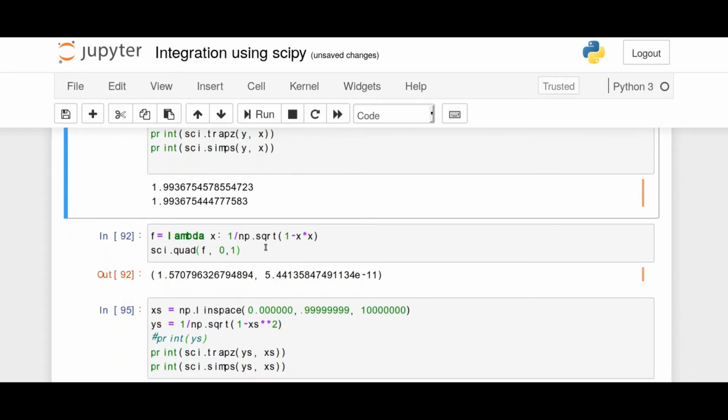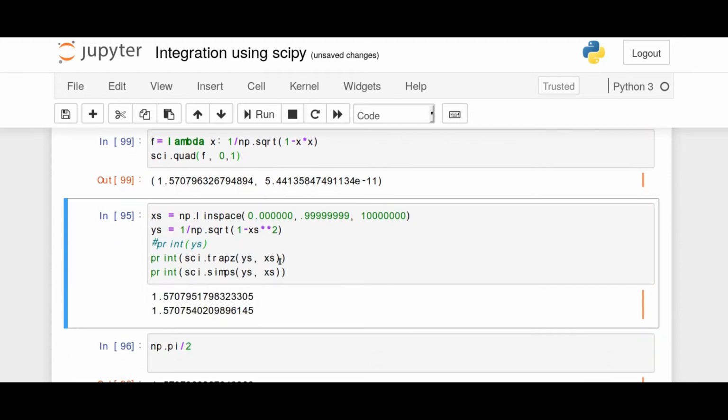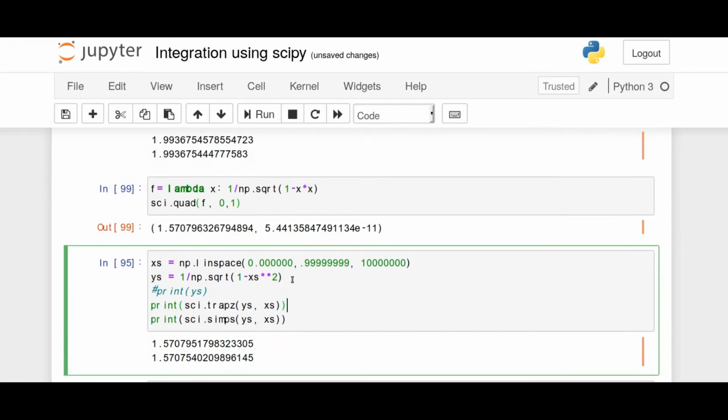Now you go to 1 over the square root of 1 minus x square, from 0 to 1. What happens to this? You just play around with these things, using the trapezoidal and Simpson rule. There is a singularity at x equals 1, so I'm creating an array from 0 to 0.99999, and that limit is very large.